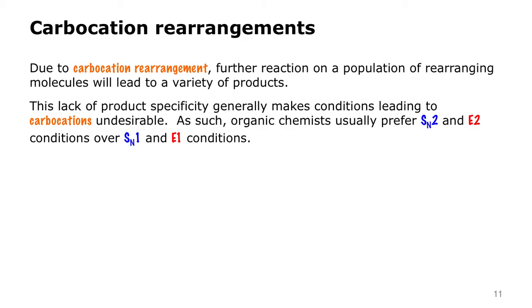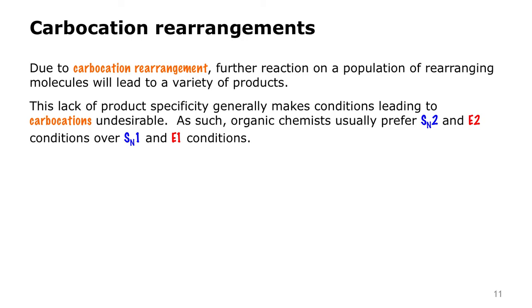So what we've learned is that due to these carbocation rearrangements, you get further reaction on a population of rearranged molecules, and you get this variety of products. Now, it turns out that in most cases, this is something that chemists want to avoid. We don't like having mixtures of products because that entails separations, and separations are often inherently inefficient.